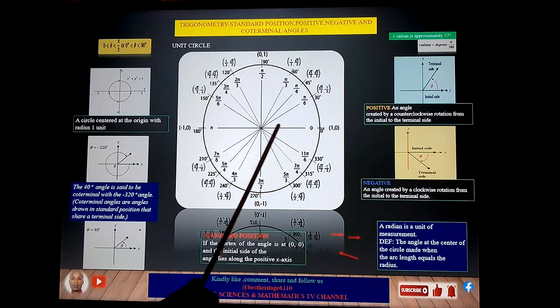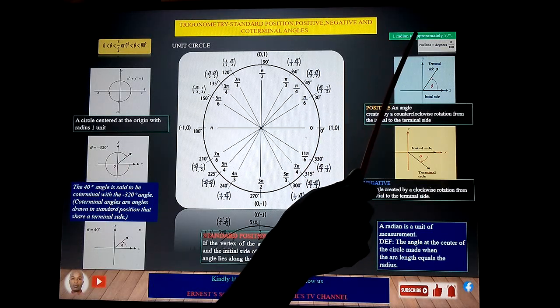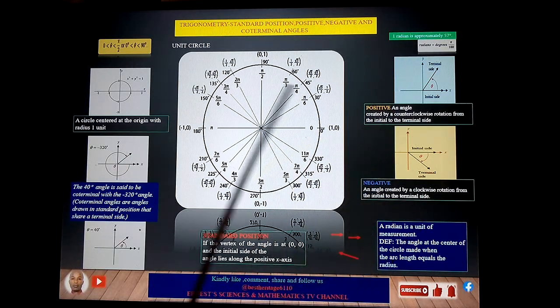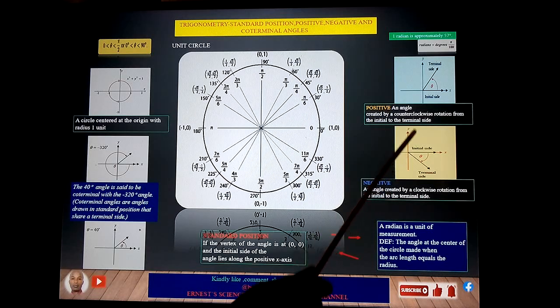So suppose I have a stretch extending from this point to this one, equivalent to the radius of the circle, that is going to make 1 radian. So we're going to see various ways in which we can describe the concept of a radian and the positive and negative angles respectively.